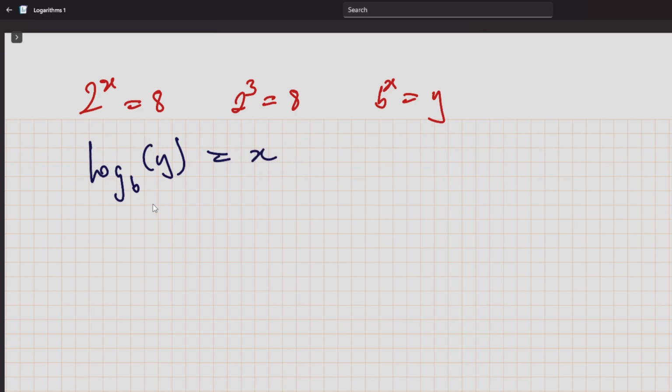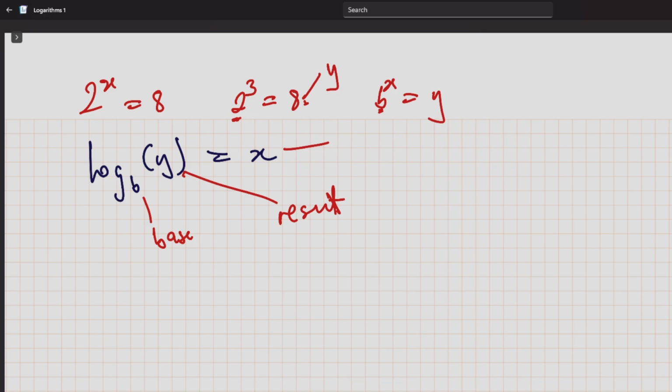What is b? b is the base. This is the number you are raising to a power. In our earlier example, here it's 2. The argument y is the result of raising the base to the power of x. In our example, y is equal to 8. So what is x?